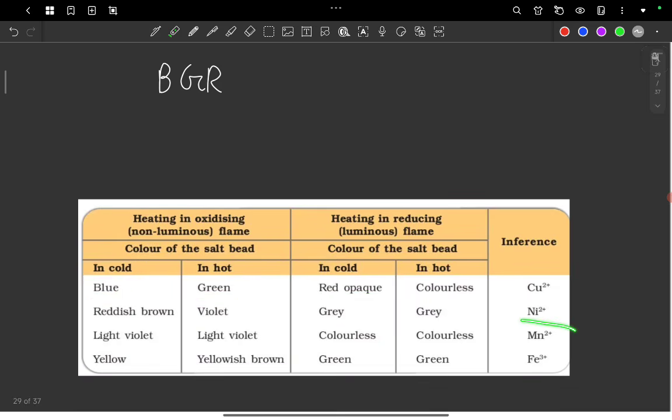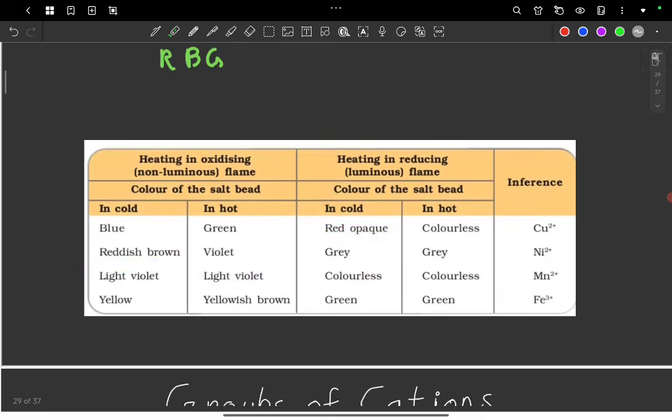And for the next ion, this red comes here, like RBG. Basically, red was here first, but for the next one, red came at first position.